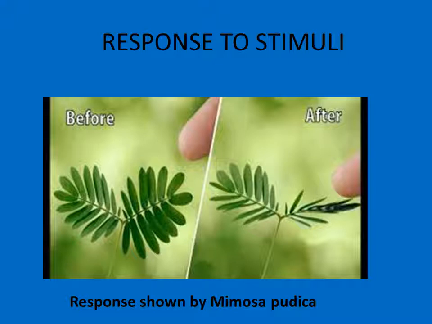When you touch the leaves of this mimosa plant, the side from where you touch the leaves, that side's leaflets get drooped. But when you remove your touch, the leaflets again regain their ordinary position. So here the plant is showing a response because of touch, and this is known as thigmotropism.